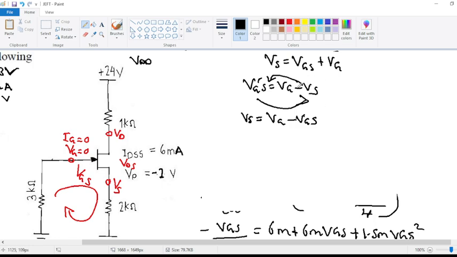So this one has to move here, then this one comes the other side. So this is what we are going to have, meaning VS is equal to VG minus VGS. If you moved it the other way, you would have VGS equal to VS minus VG.